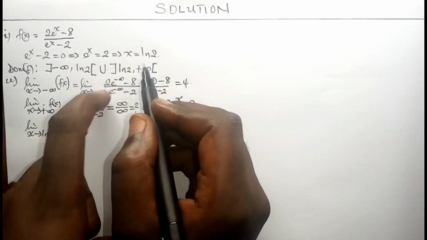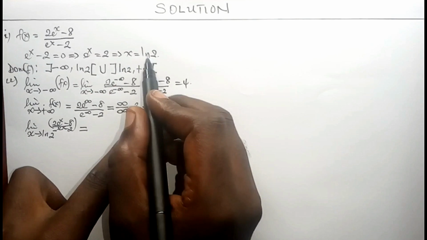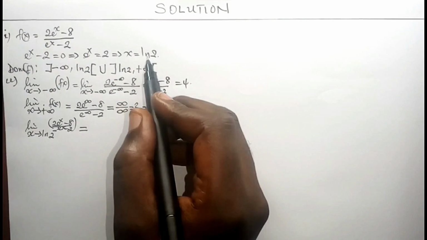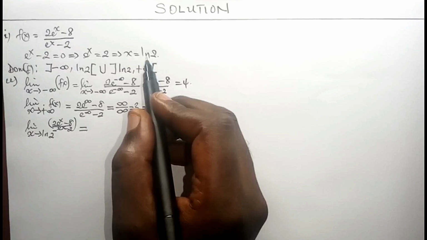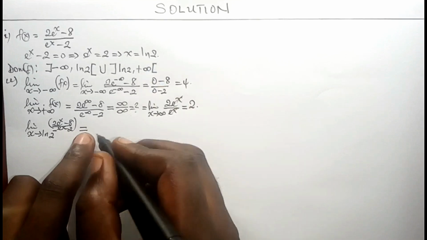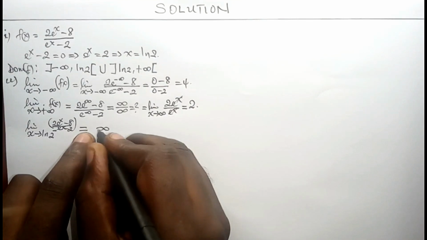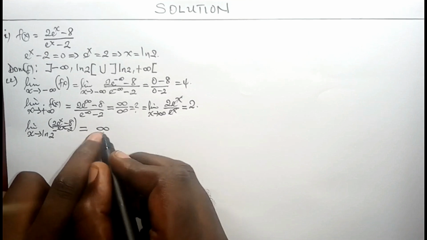The issue now is that when the curve approaches that value of x, it would either tend towards positive infinity or towards negative infinity. And so what we are interested in now is the sign that this infinity would take.